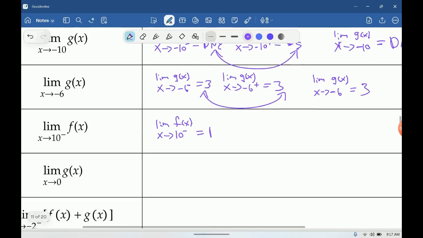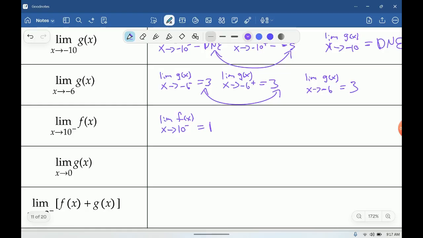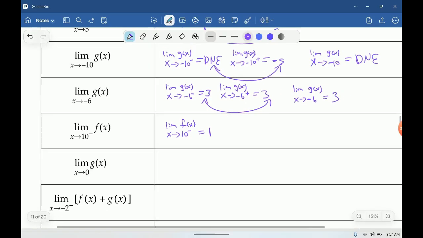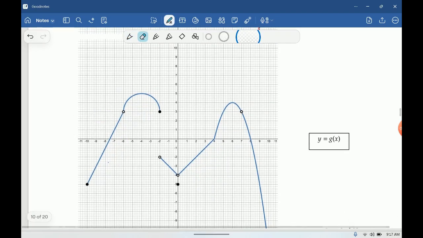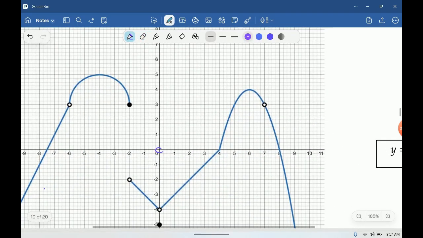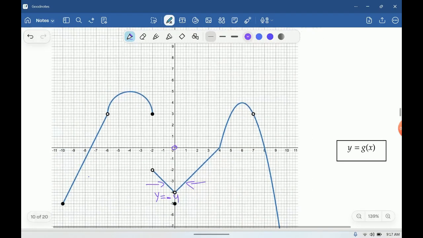Our next problem asks us to find the limit of g of x as it approaches 0. We're going to go to our g of x graph and find where 0 is. Now we see we have two limits again, one from the left and one from the right, and they both happen to meet x equals 0 at -4.